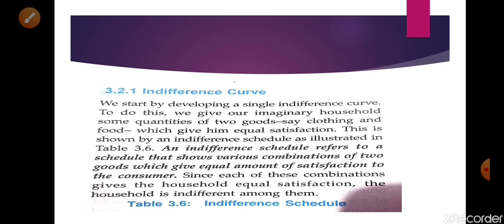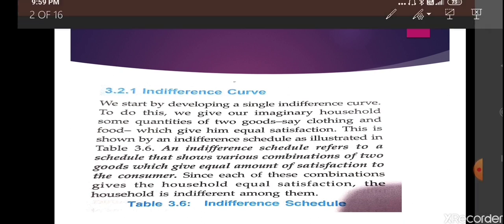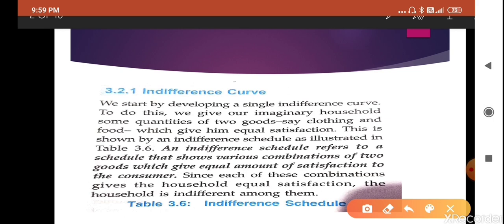To understand the indifference curve, let us go to the indifference schedule. What is an indifference schedule? It is mentioned here: an indifference schedule refers to a schedule that shows the various combinations of two goods which give an equal amount of satisfaction to the consumer.